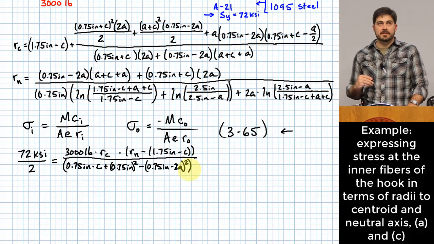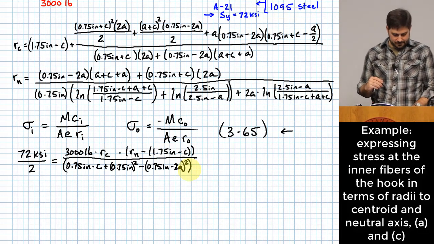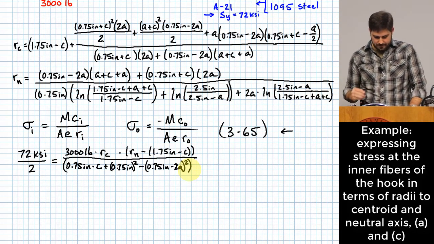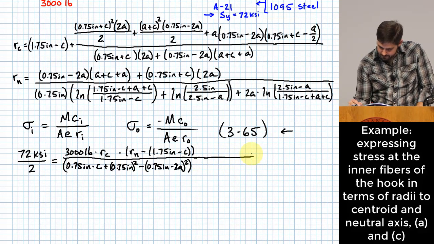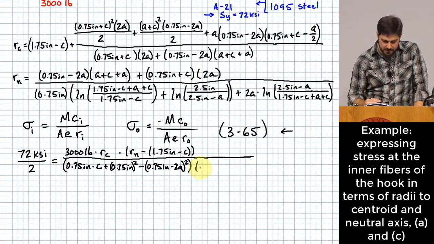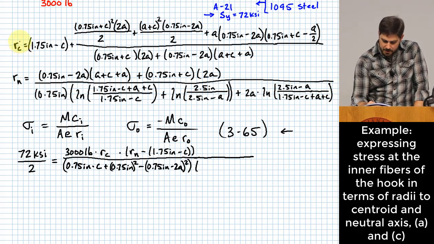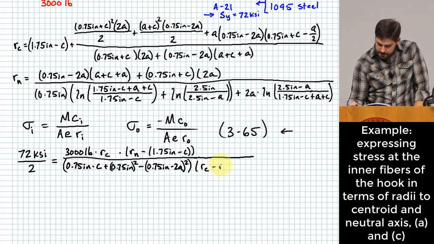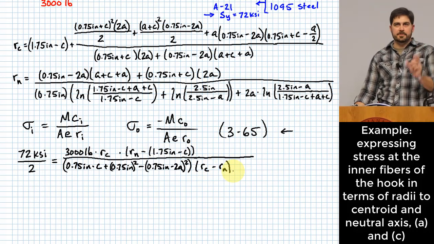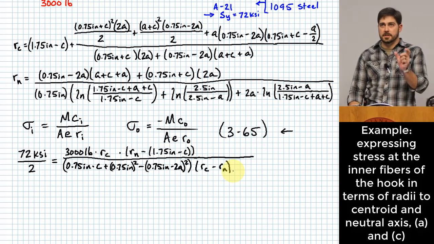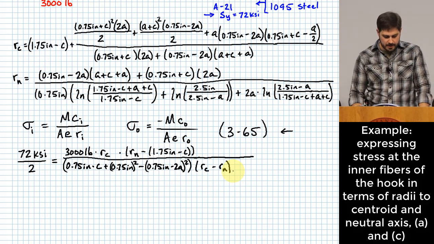What about E? This one's actually fairly easy to express because we just do it in terms of RC and RN. RC minus RN, right? That's because that's how it's defined to be. The eccentricity there is just the difference between those two radius values.